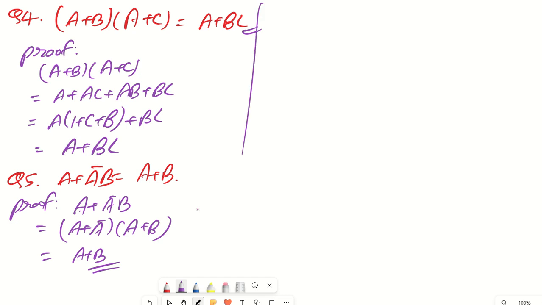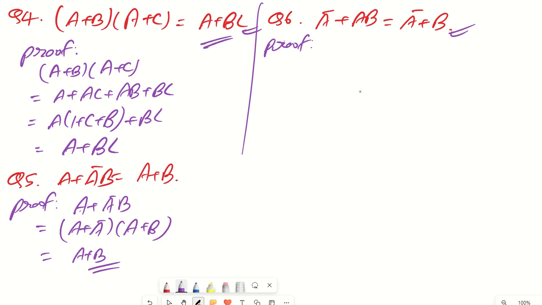Let us say one more question. A bar plus AB is going to be A bar plus B. So this was the actual question, like what is A bar plus AB, which of the following is the solution. So we will just prove it, because I am giving you the right solution.